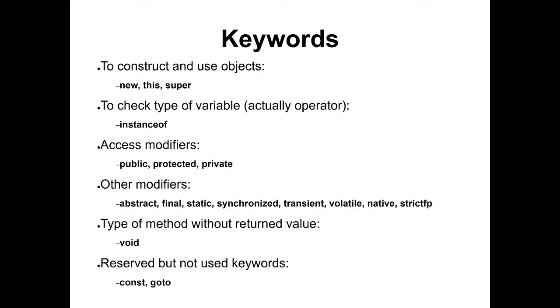Then of course there's void, and from my point of view it's a bit strange for Java that there are keywords which are reserved as keywords but not used. It's const and goto. Maybe you have heard about the goto statement, that it was excluded from Java.